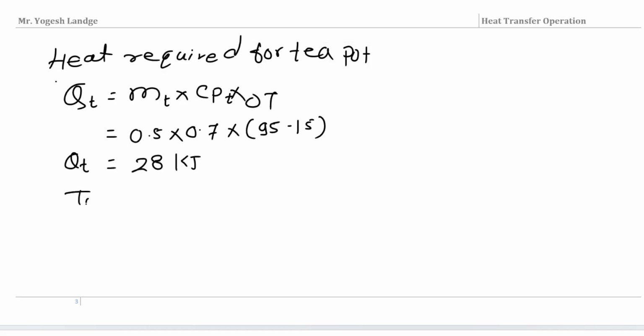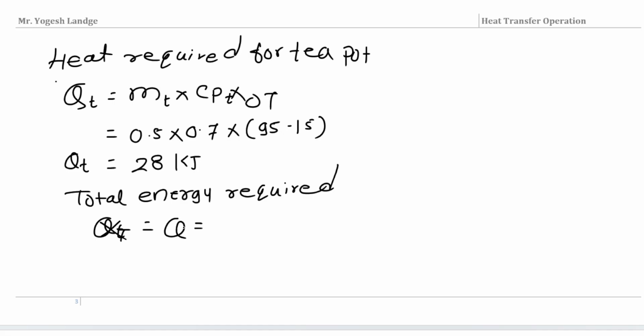The total heat required, or the total energy required. How we calculate that is, again, the formula: we can write it as Q, so there is no confusion.